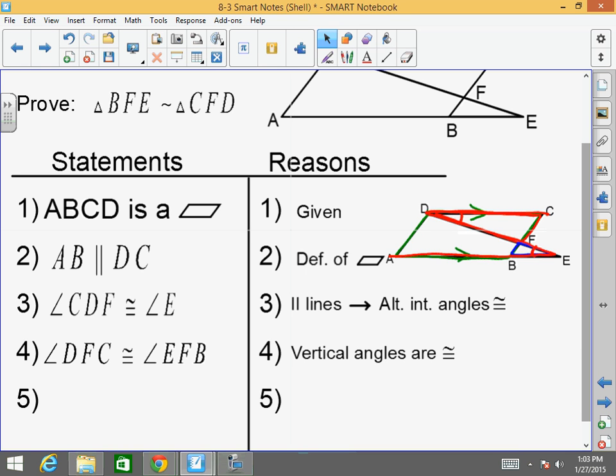And now, since I have two angles that are congruent, I can prove that triangle BFE is similar to triangle CFD, because of angle, angle.